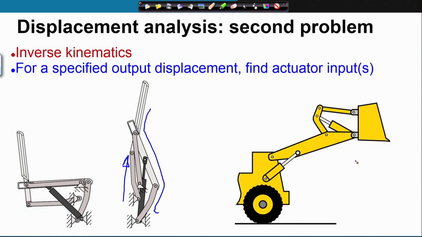Similarly, in the case of this excavator, I would like to know how much these actuators should expand in what way, so that this can follow a path. Given this point of the bin, what should be the displacements on the actuator. That is the inverse kinematics problem.